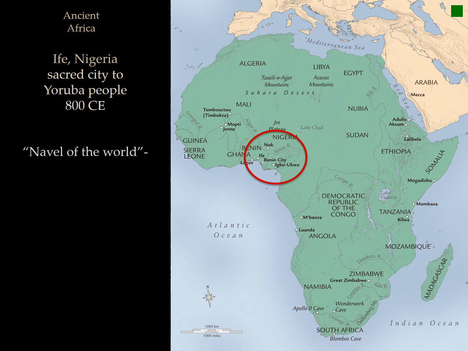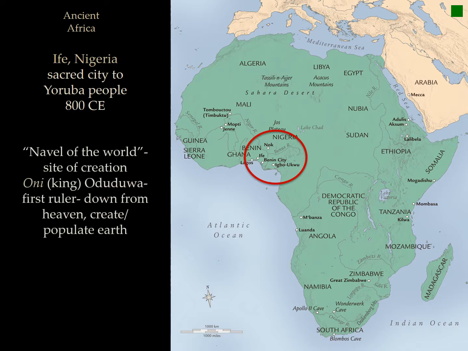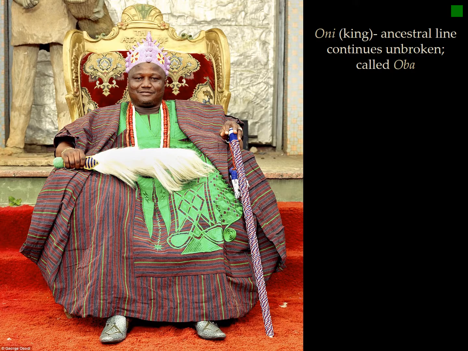They considered the city the navel of the world, the site of creation, where the first Oni or king, this ruler, came down from heaven to create and populate the earth. The Oni is going to set up an ancestral line that continues to this day, unbroken father to son. These rulers are known as Oba, and one is seen here.